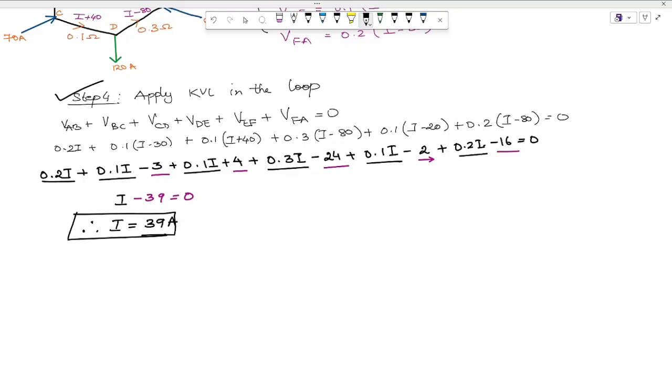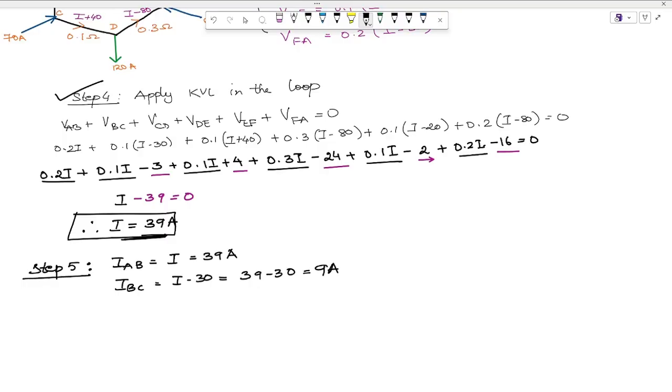And finally we have step number 5, where we are going to find out all the branch currents by substituting the value of this current I. So what is IAB? This is nothing but I, which is 39 amperes. Now IBC is equal to I minus 30, which is 39 minus 30, so it is 9 amperes.